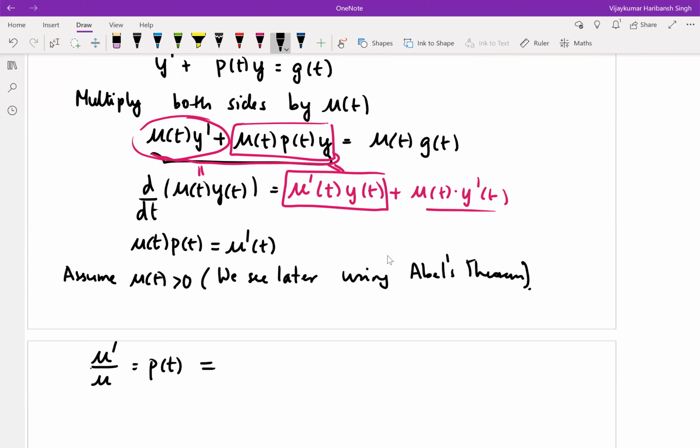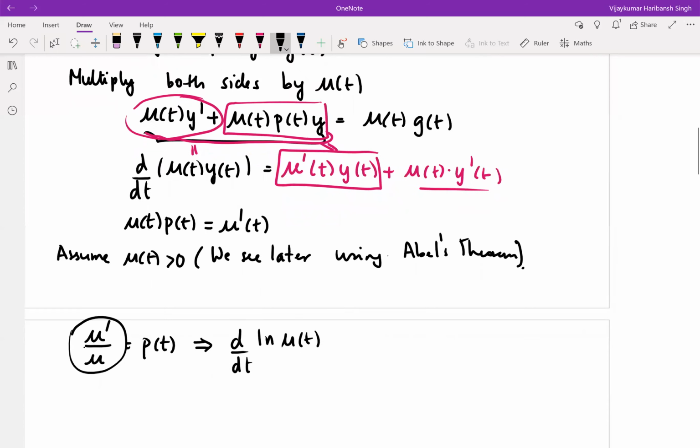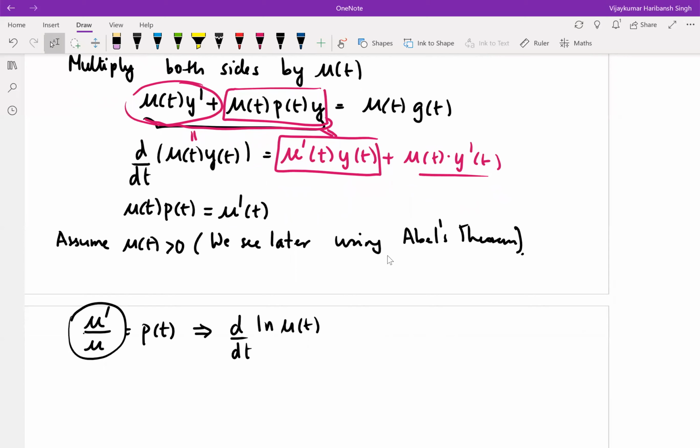But this implies what? This is the derivative of what? This is d by dt of ln of mu of t, right? You can recognize that. So we get d by dt of ln mu of t equals p of t.